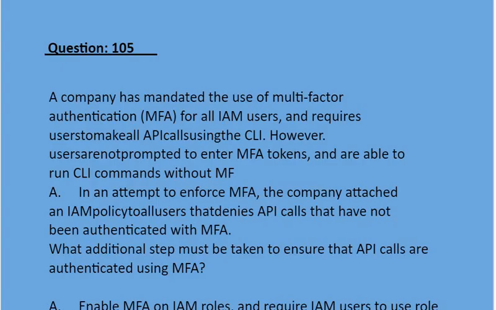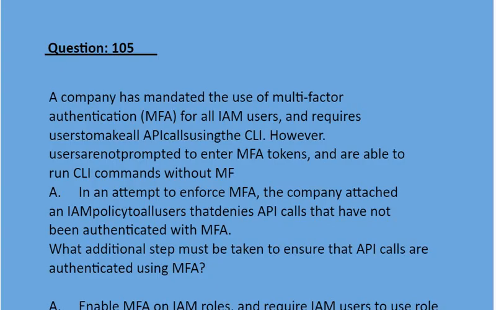Question: a company has mandated the use of multi-factor authentication (MFA) for all IAM users and requires users to make all API calls using the CLI. However, users are not prompted to enter MFA tokens and are able to run CLI commands without MFA.